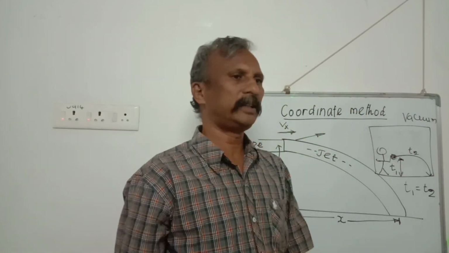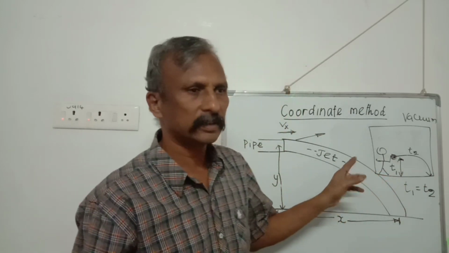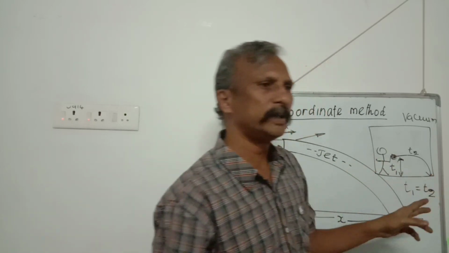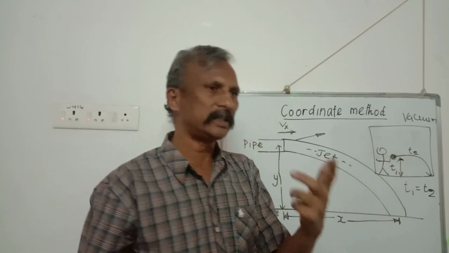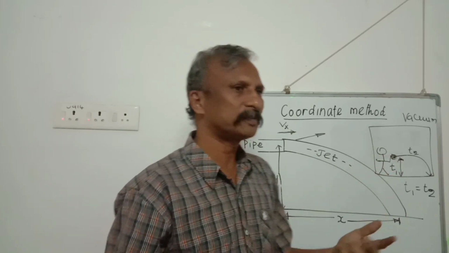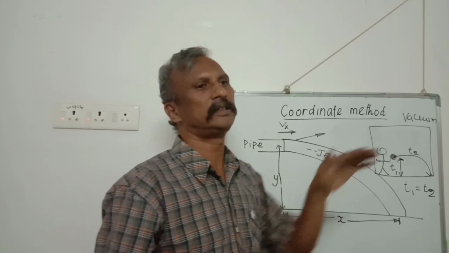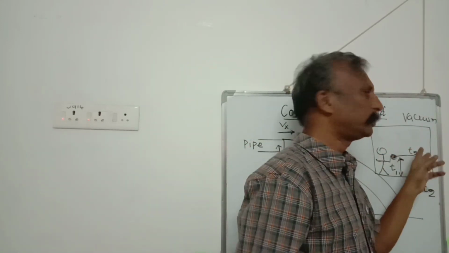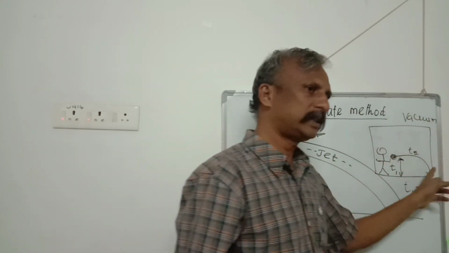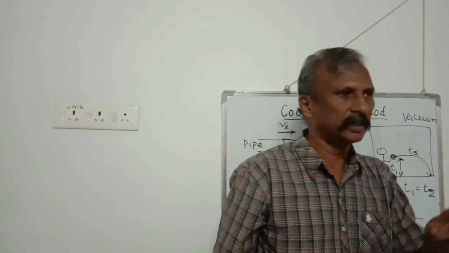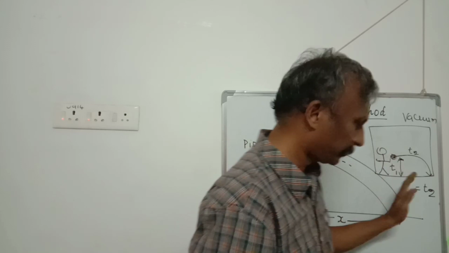I say T1 and T2 will be equal, but most of us will not accept that, because when an object is falling down from here to here, the distance it passes through is smaller. When it passes through this path, the distance it moves is larger, and people will think that T2 will be larger. But if this hypothetical experiment is done in a vacuum room, T1 and T2 will definitely be equal.